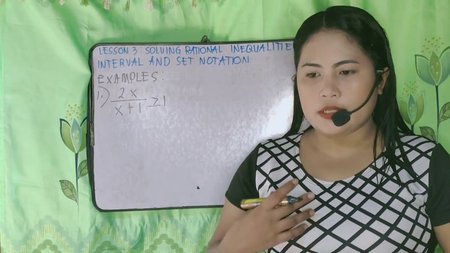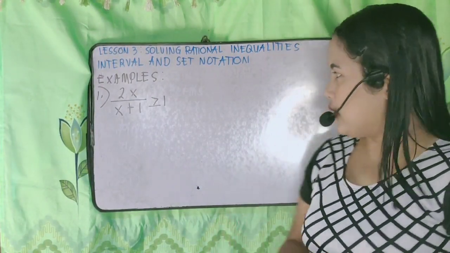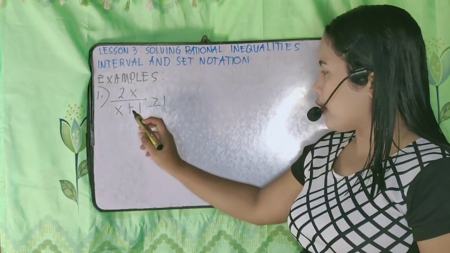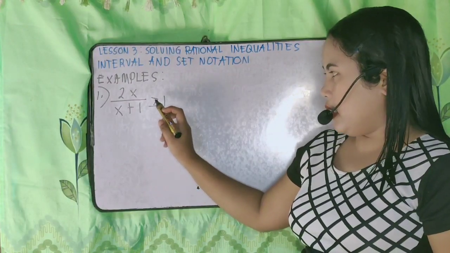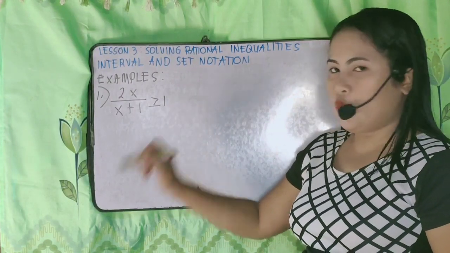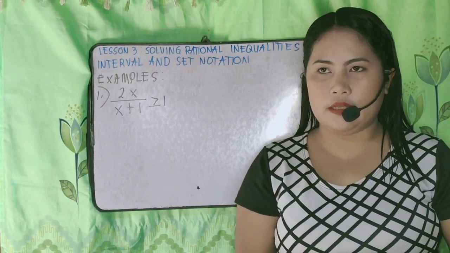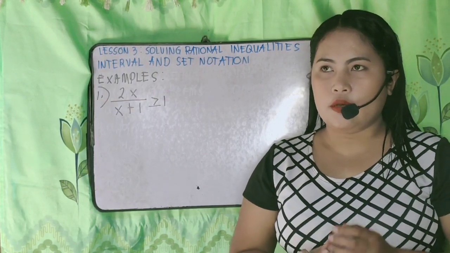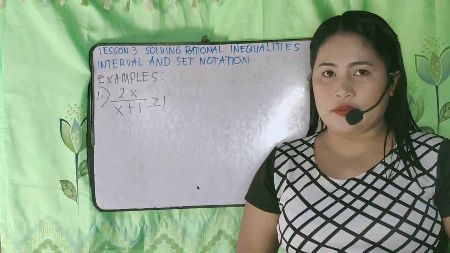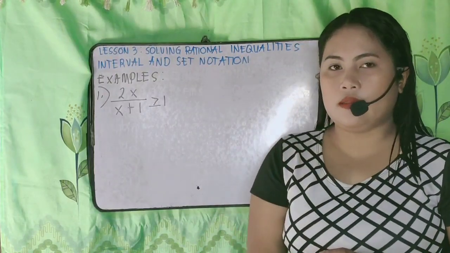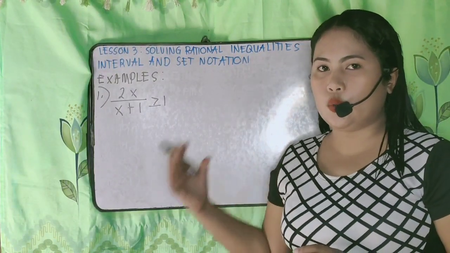Example number 1, solve the rational inequality 2x over x plus 1 is greater than or equal to 1. We're going to apply step number 1, which is move all terms to one side, or we're going to equate the given inequality to 0.